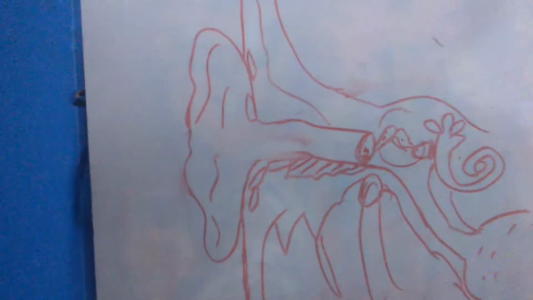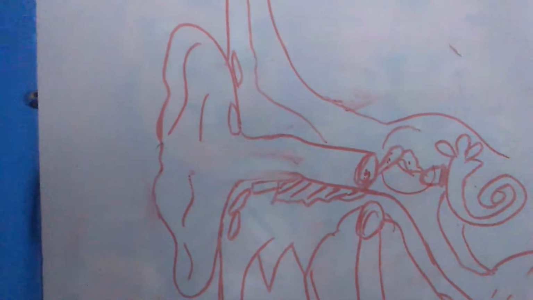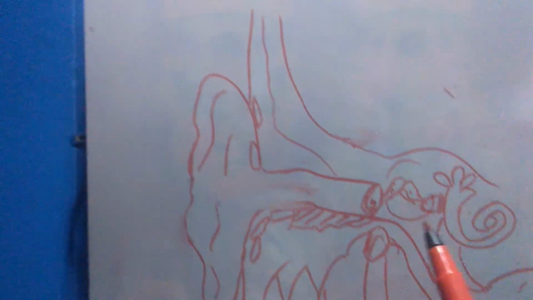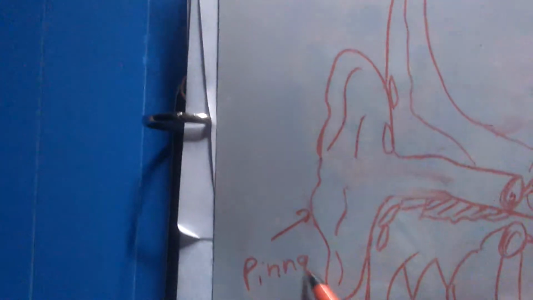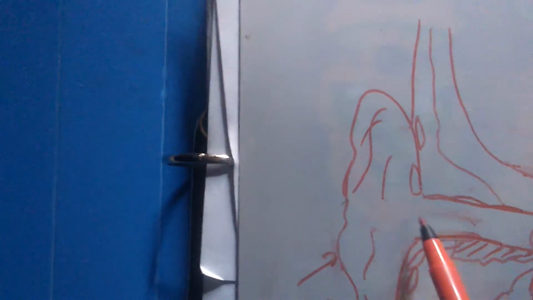And friends, the ear has three parts: the external ear, the middle ear, and the internal ear, also known as the labyrinth. The first part is known as the pinna, or you can say auricle. And this part here is the canal, known as the acoustic canal.